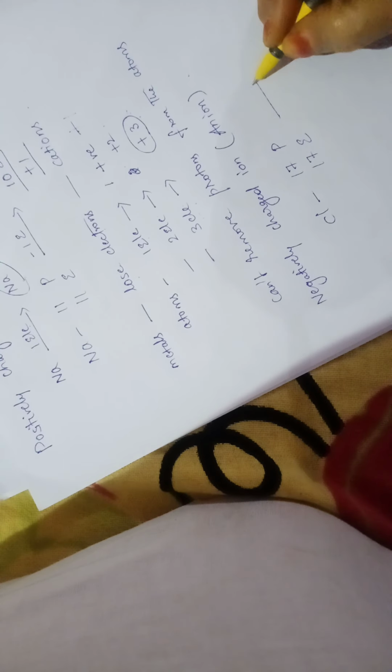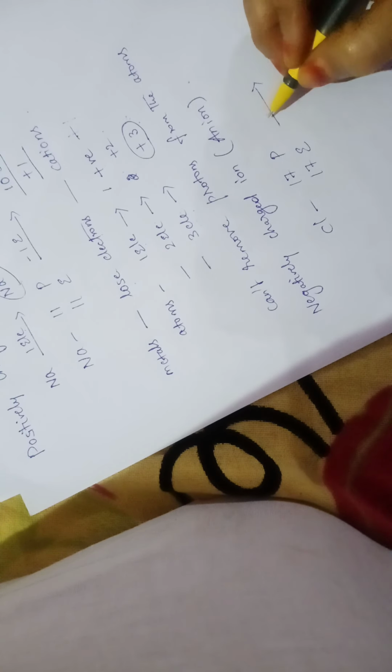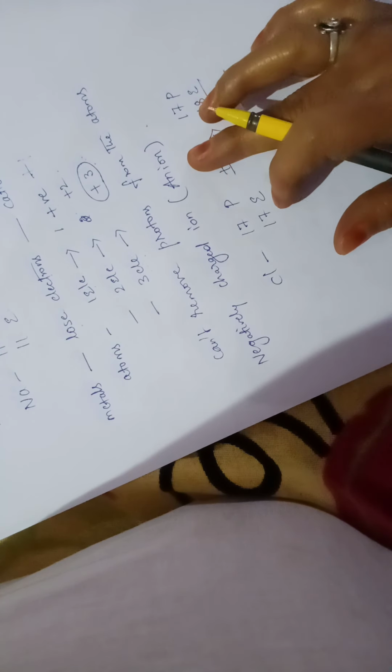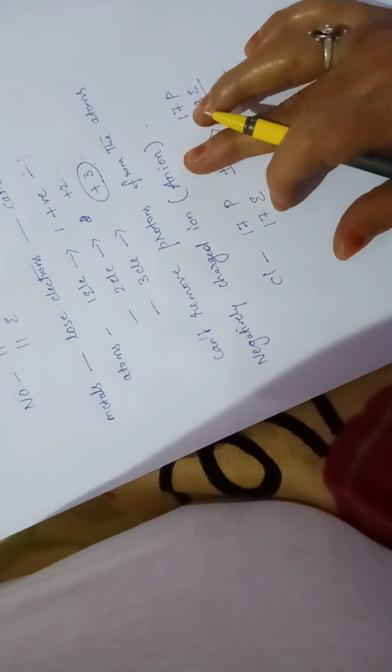By gaining one electron, it has fewer positive charges and more negative charges. So which charge will it get? Negative charge. The atoms which get negative charge, those ions we call negatively charged ions, or anions.